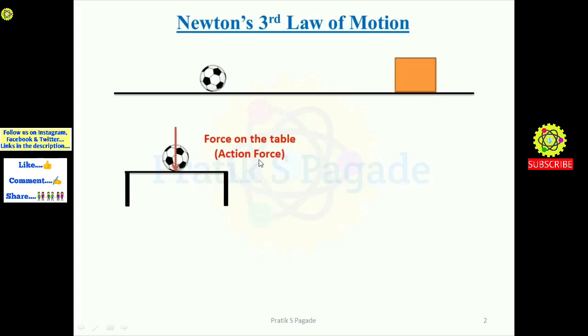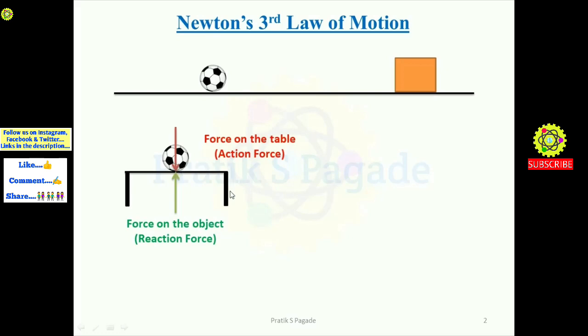This force is called as action force on the table, okay. Now in the same way, this table also applies some force in the opposite direction on the ball, on the object. In this case, this is called as reaction force. These both the forces are equal and opposite, so that this ball remains stationary on this table.